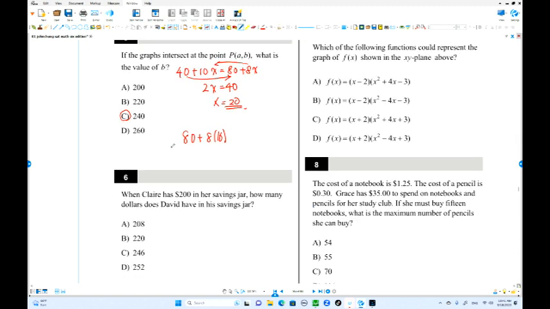That's number 6 over here. So this is 80 plus 16 times 8, how much? 128, okay? You can use your calculator. So this one, $208. In 16 weeks, David has the amount of $208 in his savings jar.